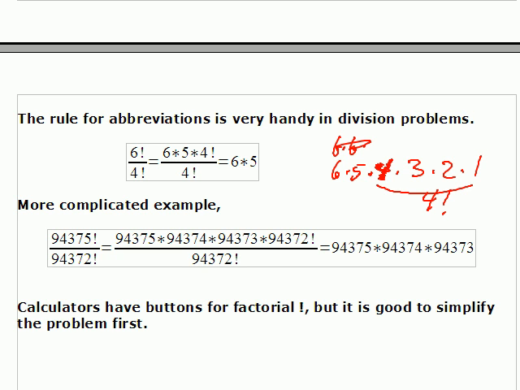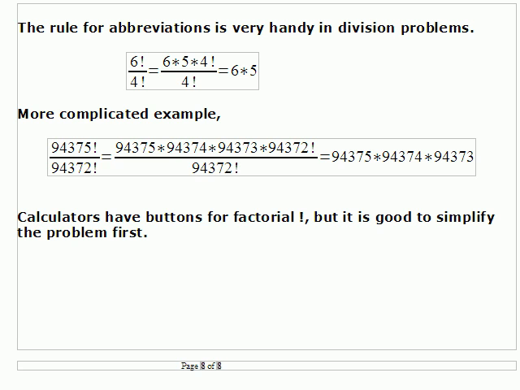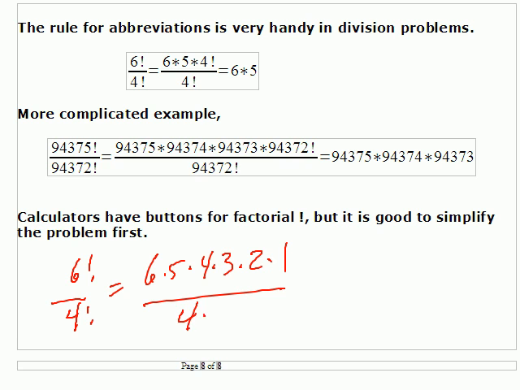Just a second, let me adjust the screen. Look at it this way. If I have 6 factorial over 4 factorial, I could write this out: 6 times 5 times 4, 3, 2, and 1. 4 factorial is 4, 3, 2, 1.